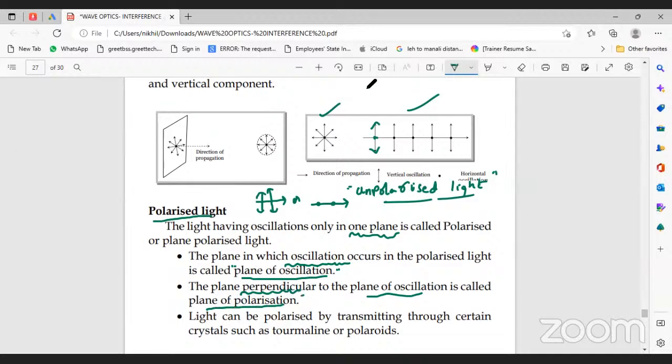So I mean to say it like this. If the light particles are vibrating along the x-axis, consider one plane perpendicular to that x-axis. In this plane, the light particles do not have any vibration.